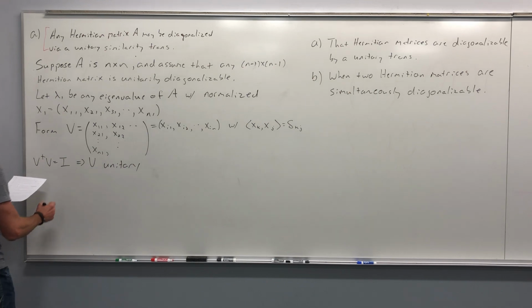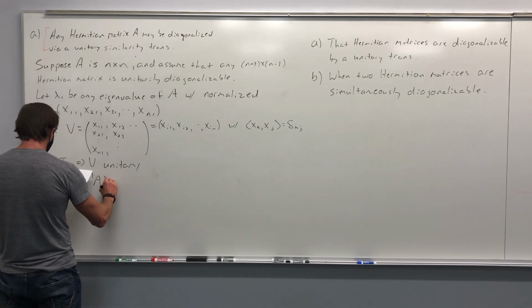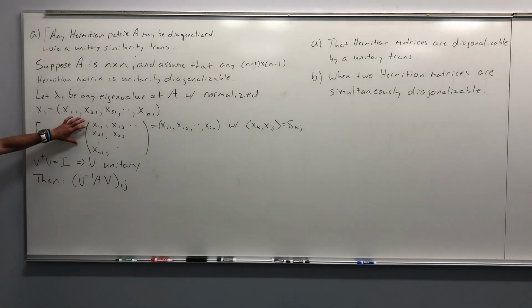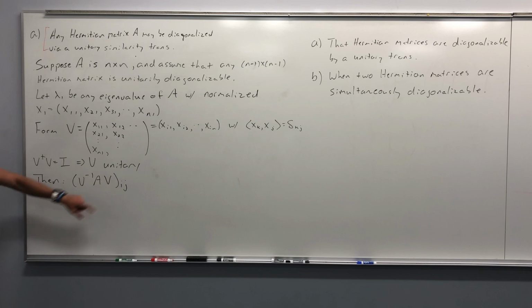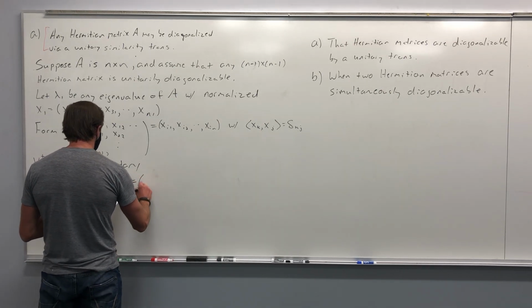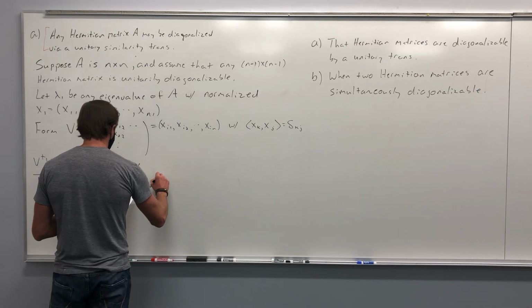Okay, here we go. Then V inverse A V, the ijth component. If we think of this as a transformation of A, we do the inverse times A times V. If V is unitary, what is V inverse? Yeah, it's V dagger, the Hermitian conjugate.